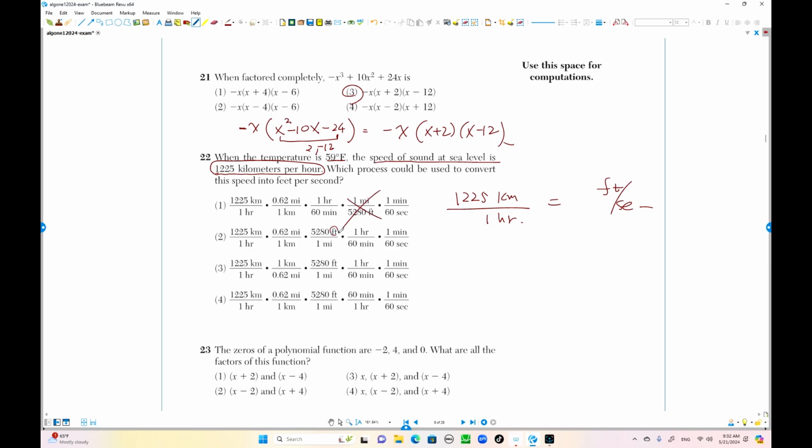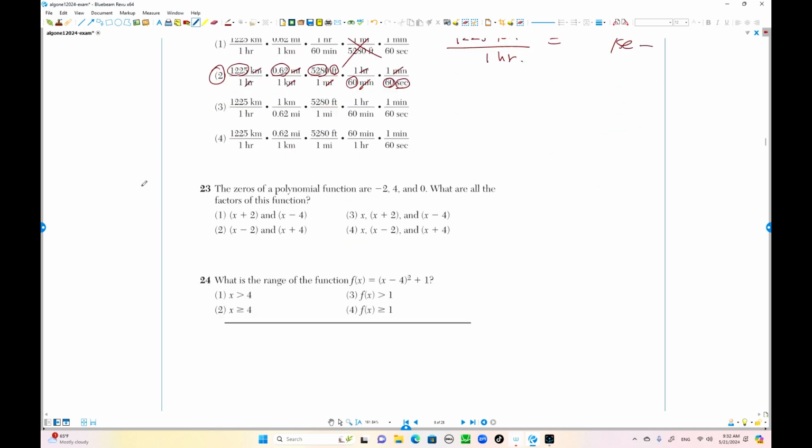We have a feet per second. That's fine. But all other units must be cancelled out, right? So kilometer, kilometer out. Miles, miles out. 1 hour, 1 hour is out. Minute, minute out. That's right. We got what? 5 altogether, right? This one times this number times this number and feet, and divided by the 60 and another 60, right? Okay, that's the answer.